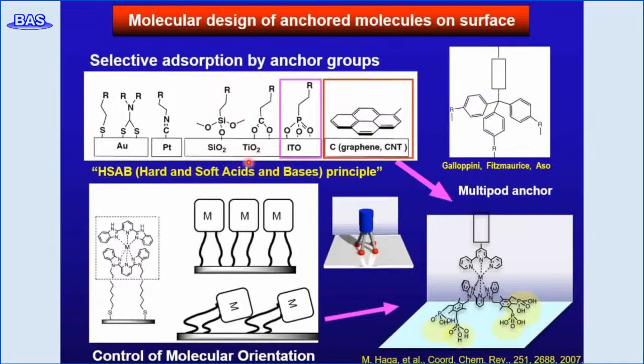surface. In these combinations, the HSAB rule, the hard and soft acid-base principle, comes into play. This means the soft thiol groups are strongly attached to soft gold surface, but not to hard acid metal oxide surface.